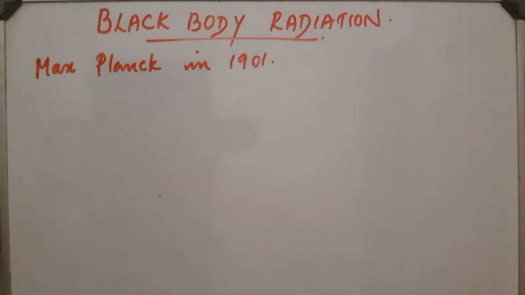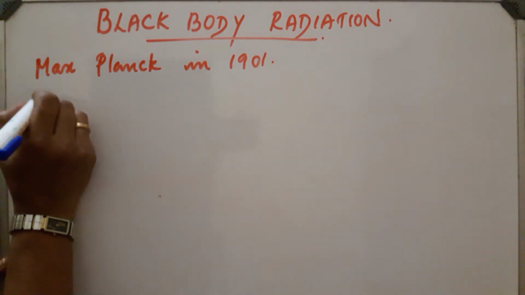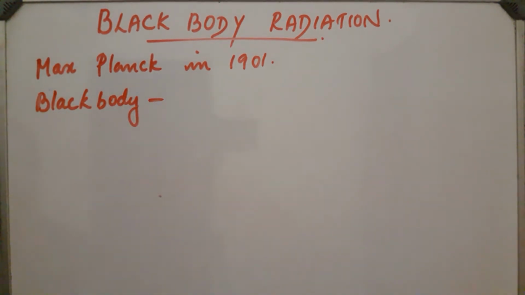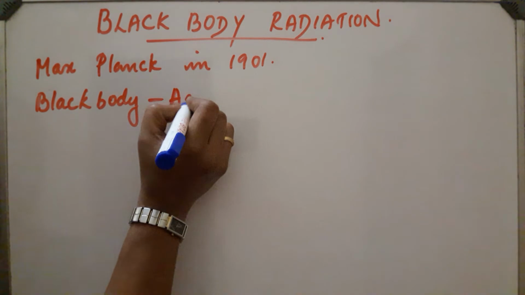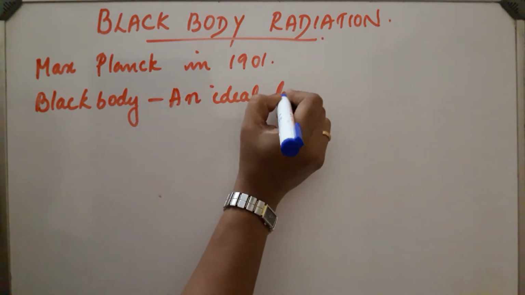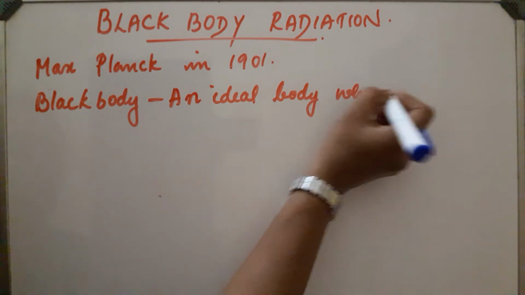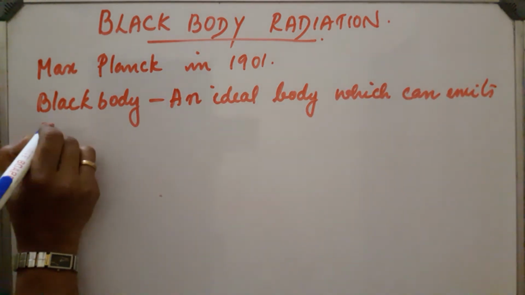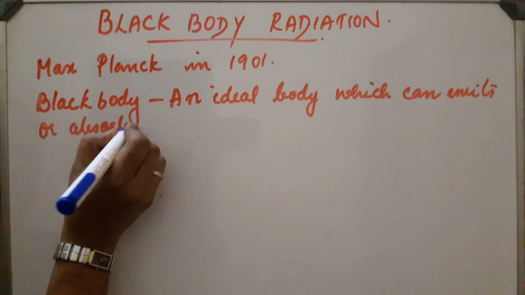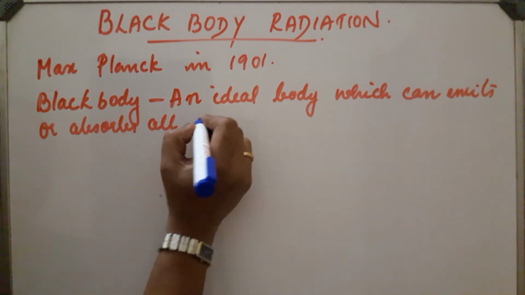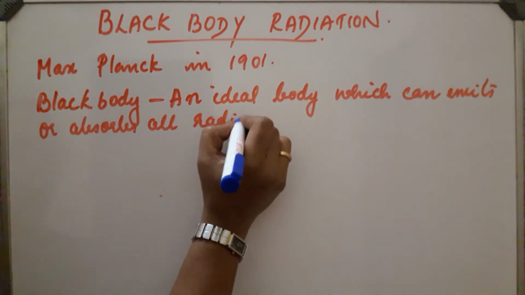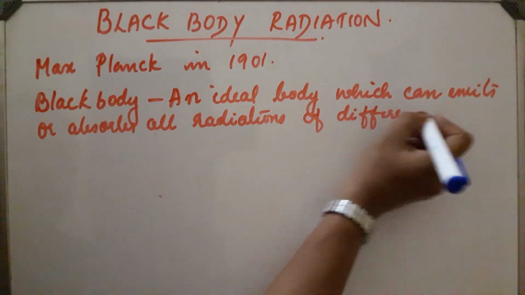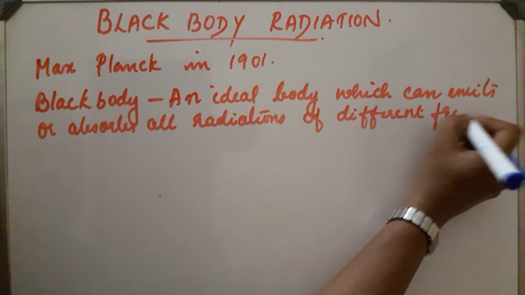Now, what is a black body? It is an ideal body which emits or absorbs all radiations of different frequencies that fall on it.